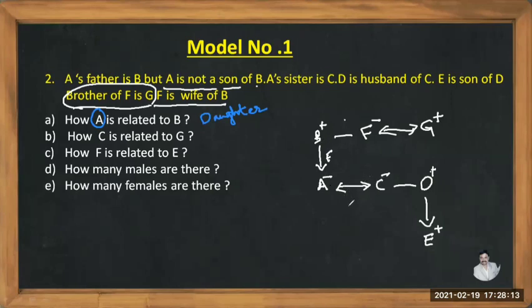Because A and C are both sisters here, so C must be the daughter of B. Then F must be the mother of C and A. G is the mother's brother, who ultimately we call uncle, but we need to write the relation from C to G, so C must be the daughter-in-law.